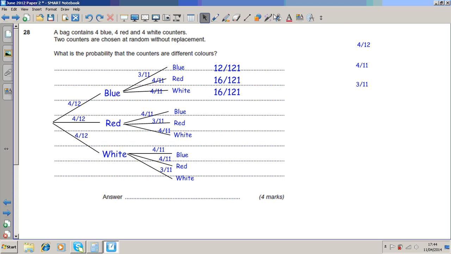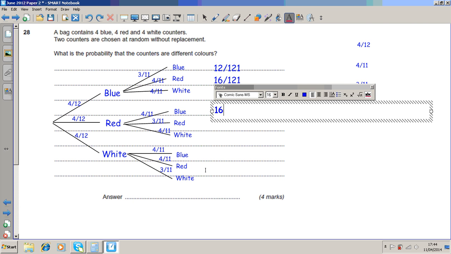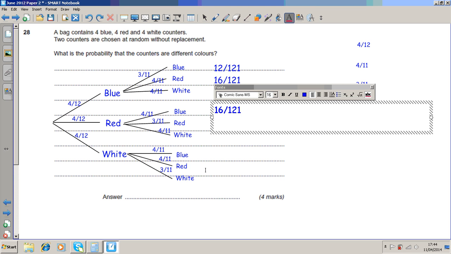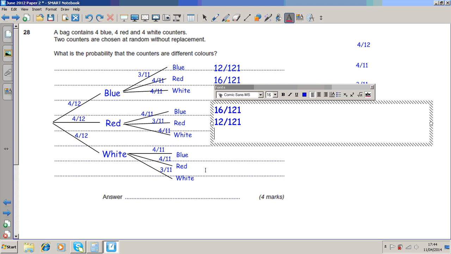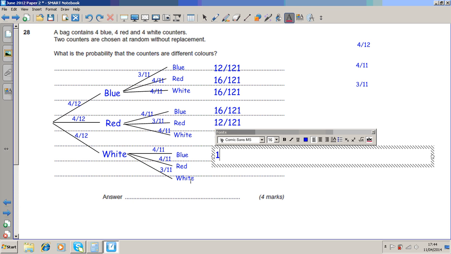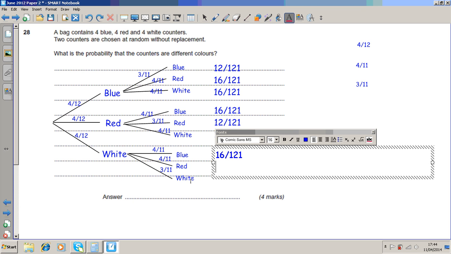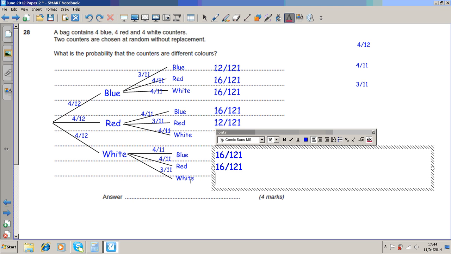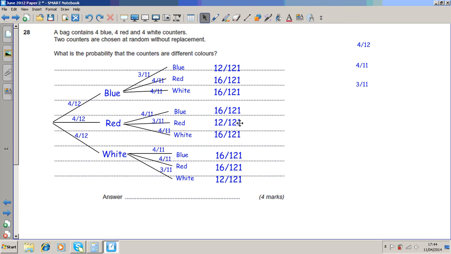And then for the next one, a red followed by blue will be 16 out of 121, red followed by red 12 out of 121, and red followed by white 16 out of 121. And finally white followed by blue is going to be 16 out of 121. White followed by red will be 16 out of 121. And white followed by white will be 12 out of 121. So now I've done the hard work. It's just a case of pulling off the numbers that you need.